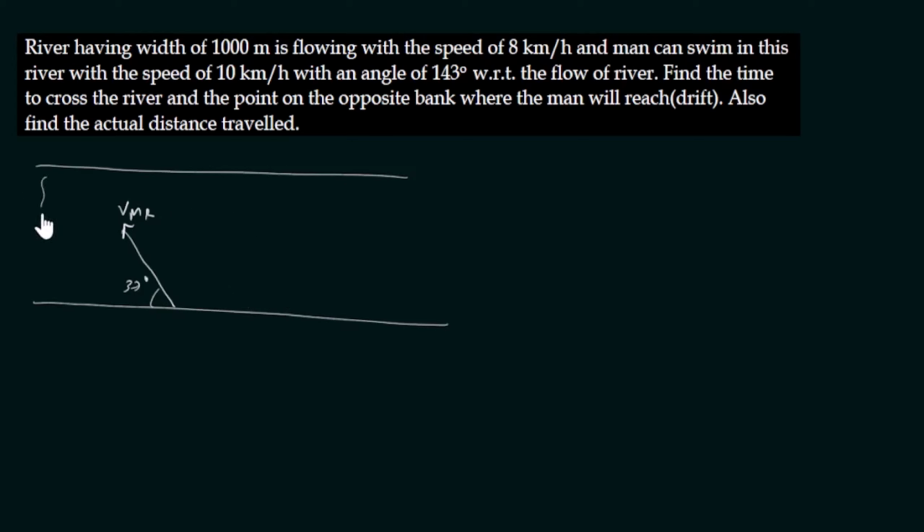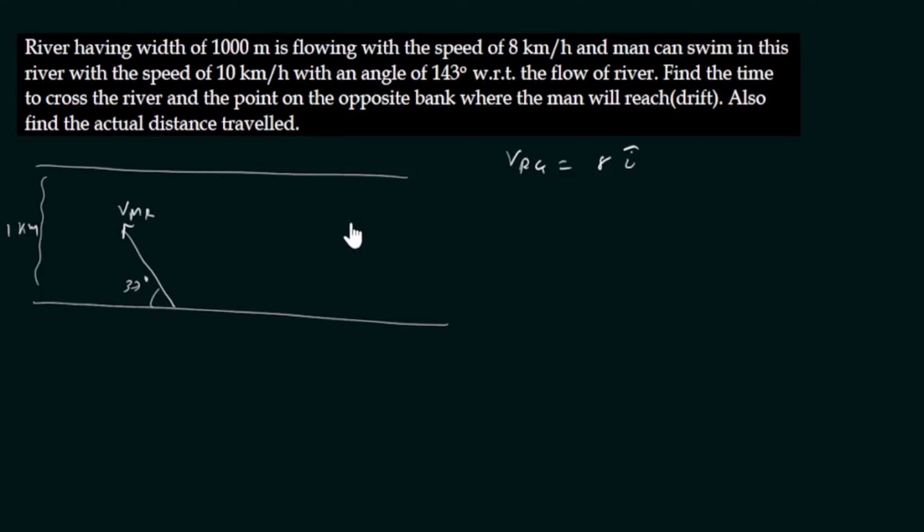Now the width is basically 1 kilometer. Here we are given that the man can swim with the speed of 10 km per hour, and the river has the speed of 8 km per hour. So velocity of river with respect to ground is basically 8 i cap. Now the VMR is 10 in magnitude.